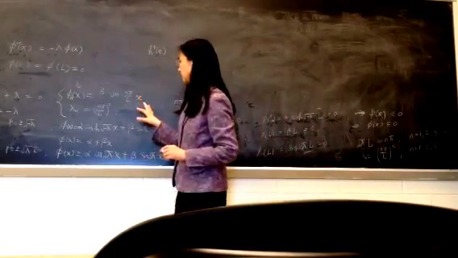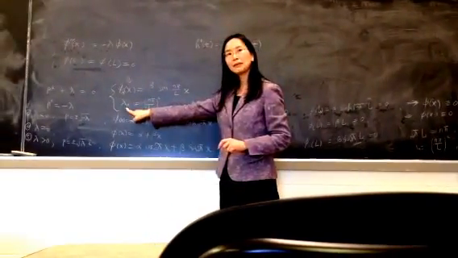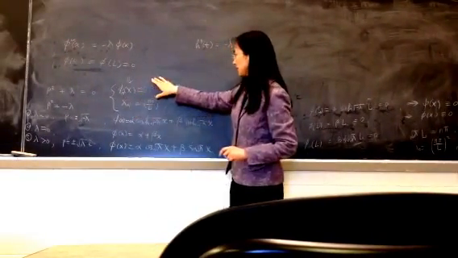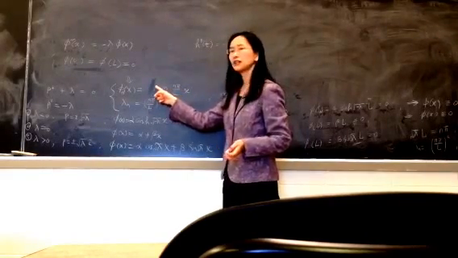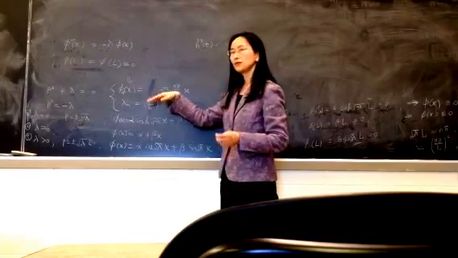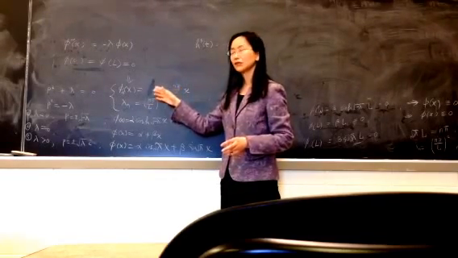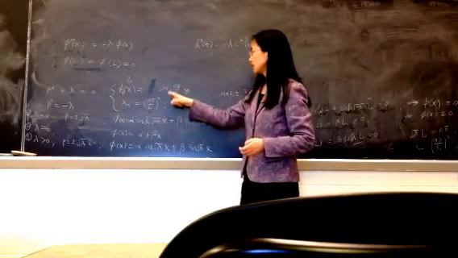Okay, so corresponding to each lambda eigenvalue, the solutions are unique up to a constant multiple. That means as long as you don't worry about the constant multiple, then it is a unique solution.